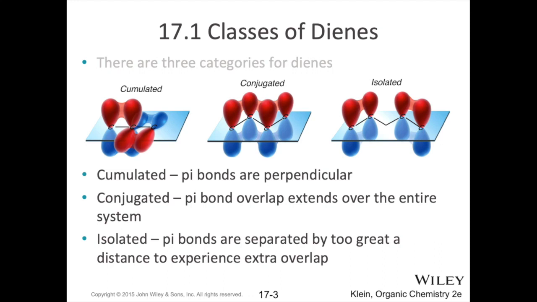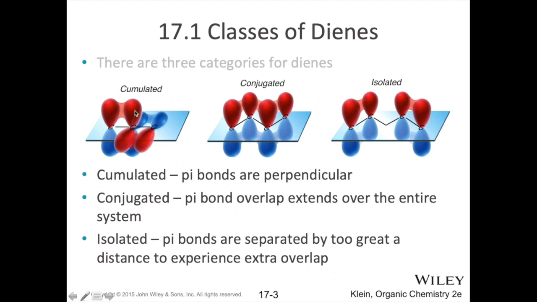If you want a visual of that, which helps you understand why some of the properties arise, look at the p orbitals involved in those carbon atoms. In your cumulated system, because that middle carbon is sp hybridized, you have one set of unhybridized p orbitals involved in the pi bond on the left, and another set involved with the pi bond on the right.